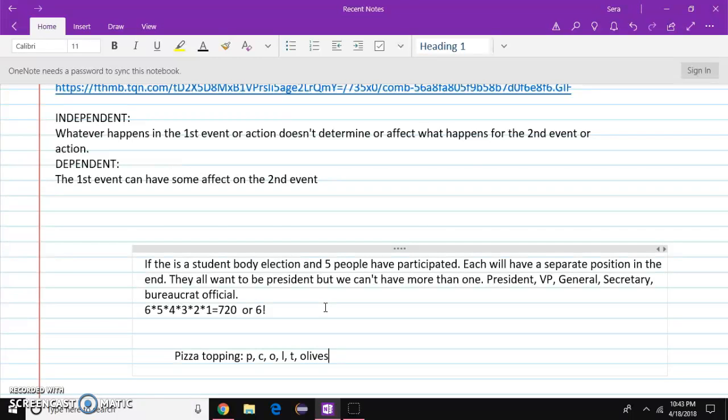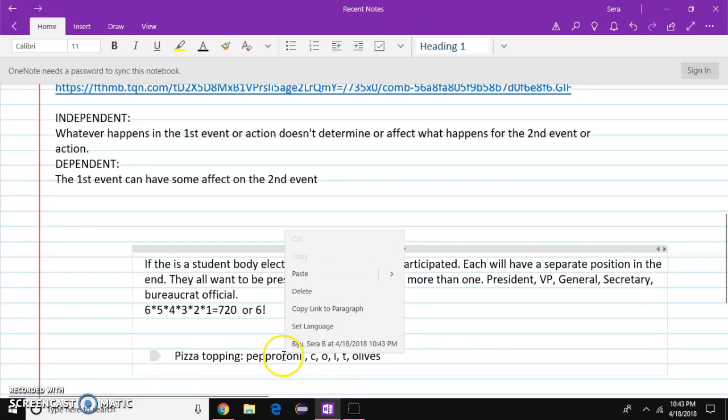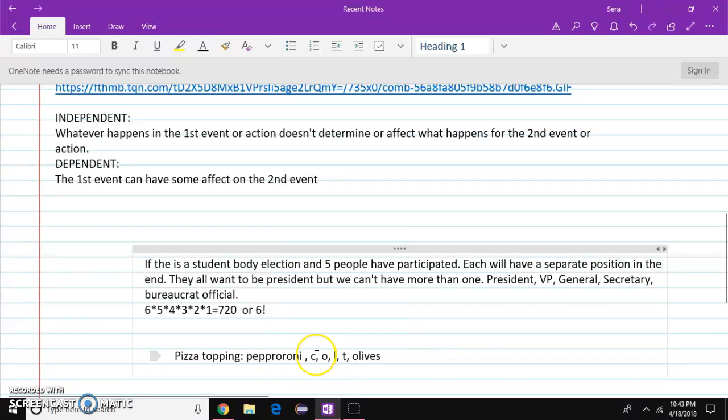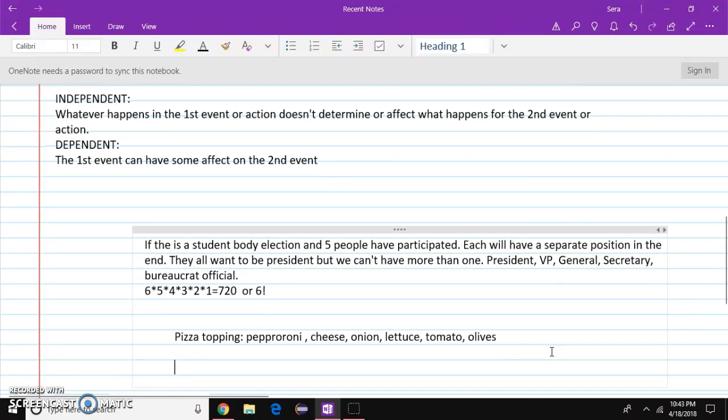I'll write olives out. So pepperoni, cheese, onions, lettuce, and tomato. Okay, you have to choose 3 of them in any order.